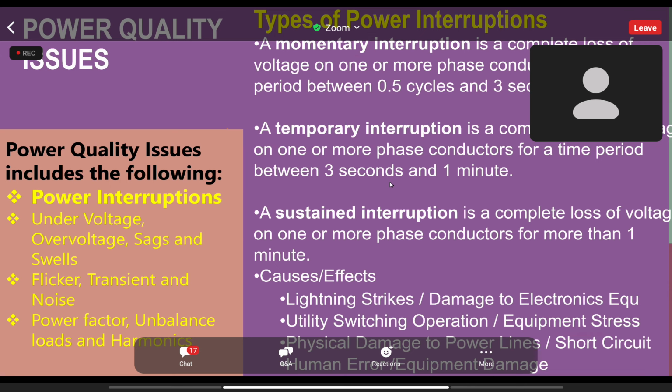So an interruption would be a partial decrease of the voltage or full decrease of the voltage to 0 volts.